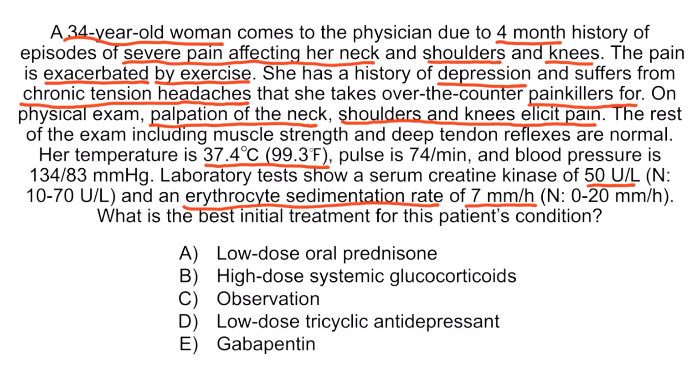Or E. Gabapentin. So from this question, this middle-aged woman is presenting with chronic pain and multiple tender points on her neck, shoulders, and knees. Everything else is normal, including her lab results, having a normal ESR and normal CK. This patient, therefore, most likely has fibromyalgia, and the best initial treatment is a low-dose tricyclic antidepressant, option D.